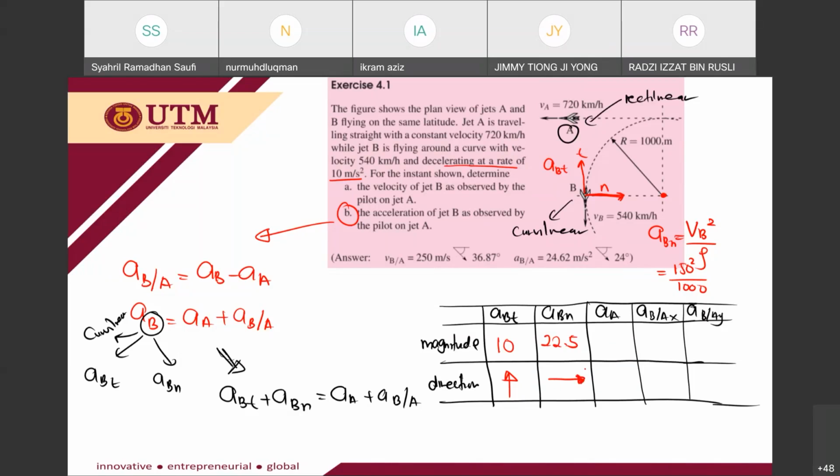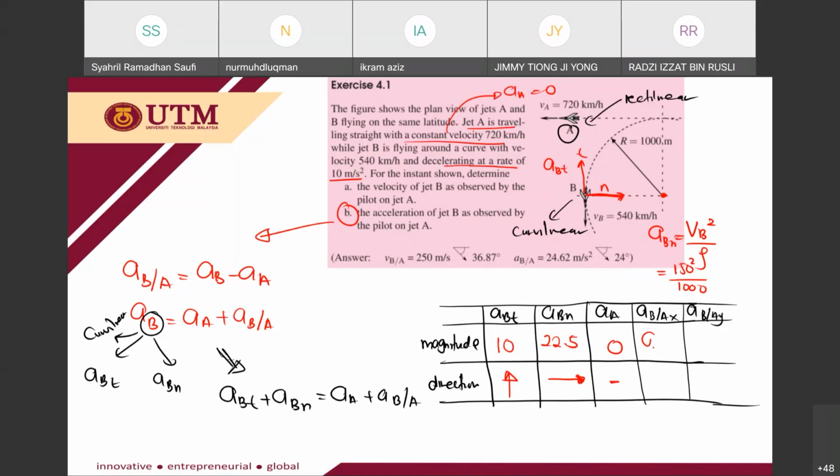And then acceleration A. Jet A travels at constant velocity, so constant velocity means that acceleration A is equal to 0. So 0, no direction.